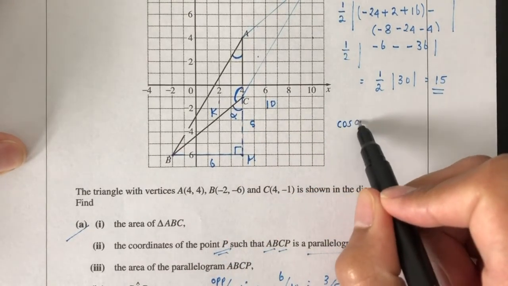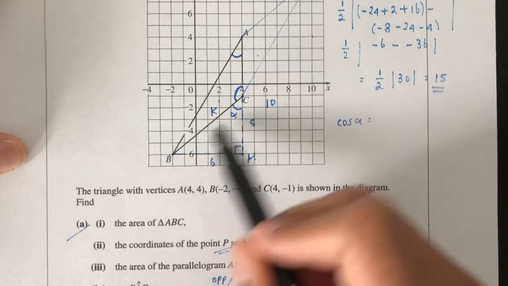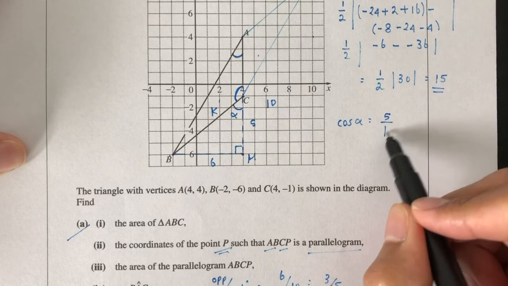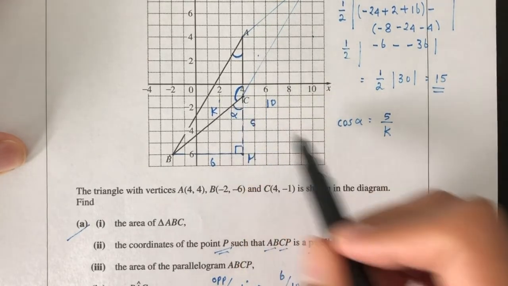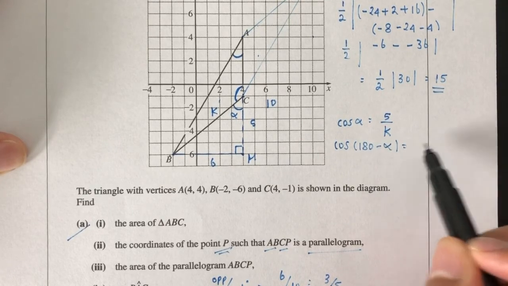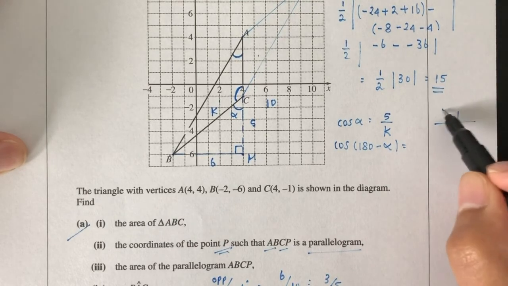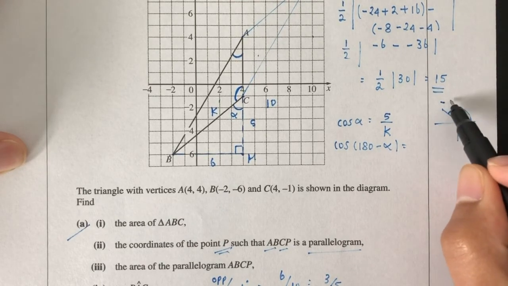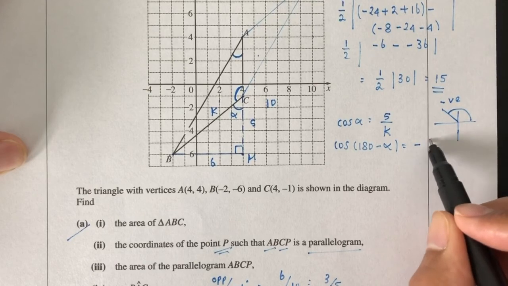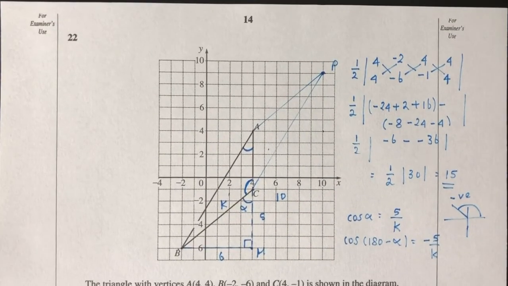We know cos is adjacent over hypotenuse, so 5 over K. So what is this angle here? This is cos of 180 minus alpha. You should know that 180 minus alpha is in this quadrant, and in this quadrant, cos is negative. It should be minus 5 over K. So your answer will be minus 5 over K. And that is question number 22, sorry.